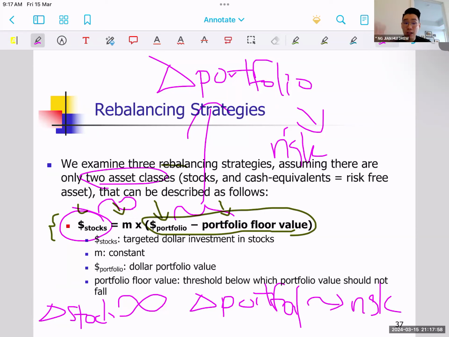Is it a one-to-one change, meaning the portfolio increased by $10 and the stock also increased by $10, or is it that the portfolio increased by $10 because the stock increased by $5, right? So what is the change? And this is contributed by your M here, which is your constant. So you have an M that dictates the proportion of change.